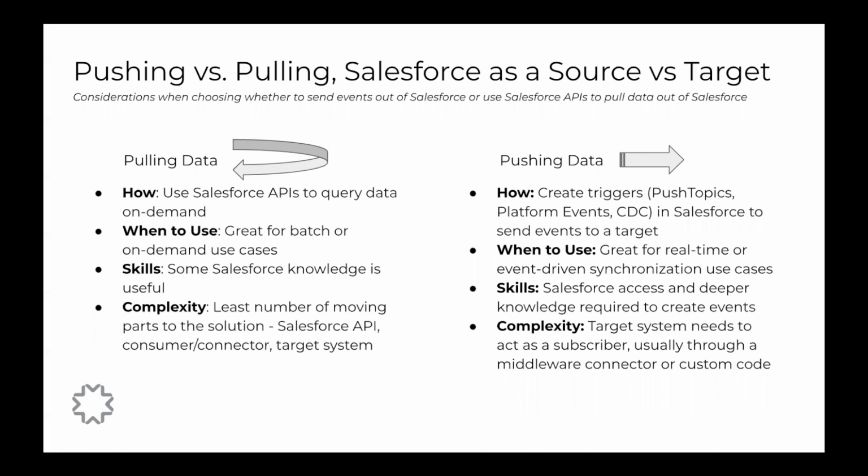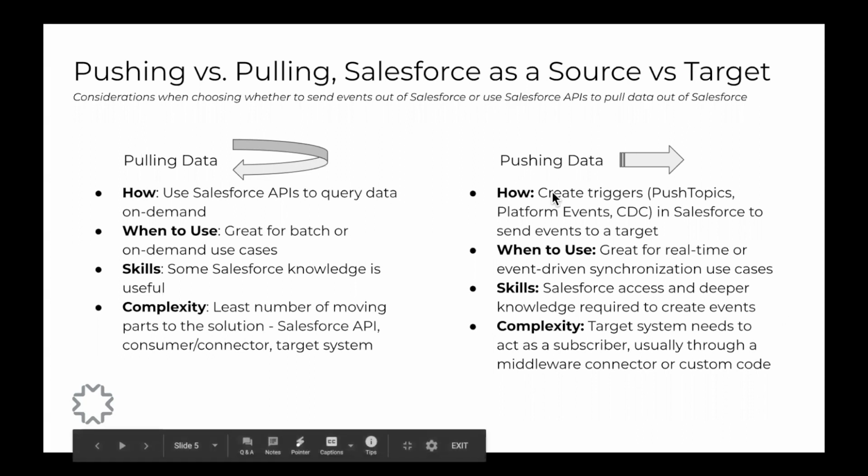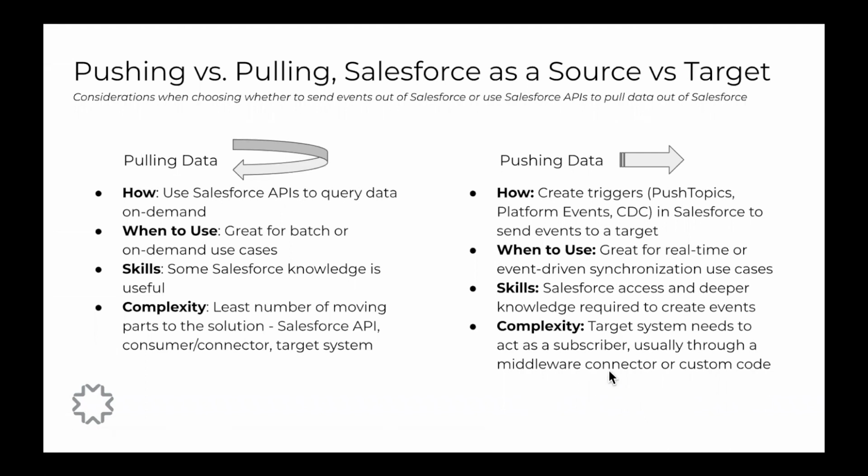That means when something of interest happens in an organization, let's say a new account or a new opportunity gets created within Salesforce, and we want near real-time notification of that throughout the enterprise, that's where this pattern works really well. From a skills and complexity standpoint, as I said, this one's a little bit more difficult, requires a little deeper knowledge of Salesforce, and certainly has more components to work through.